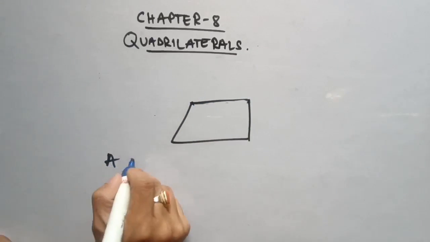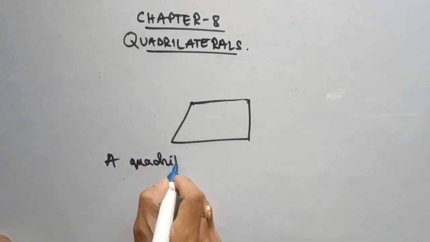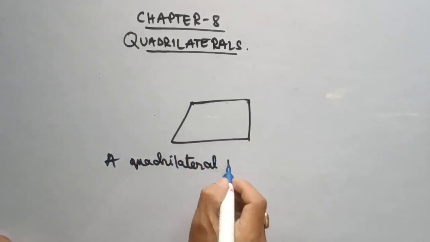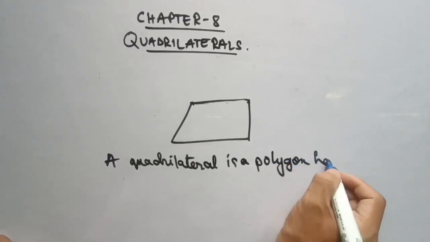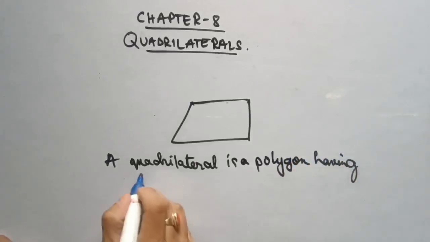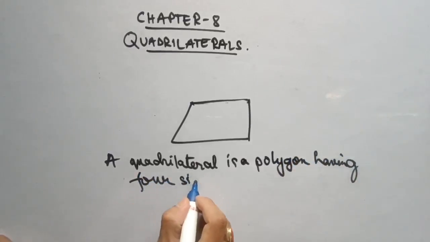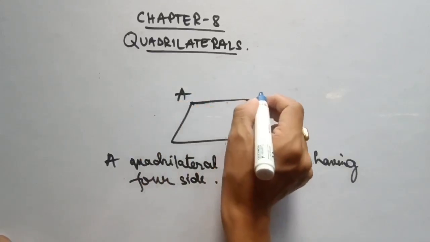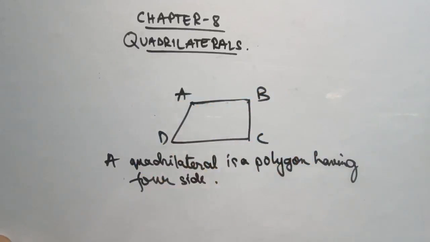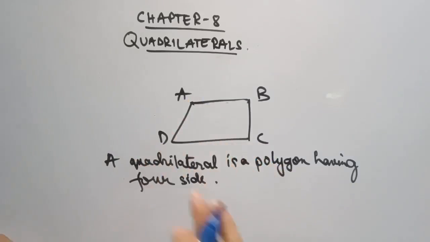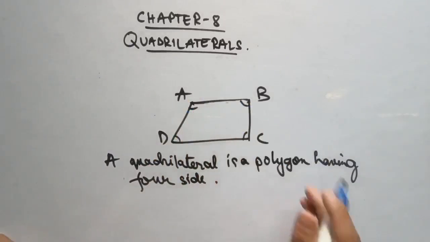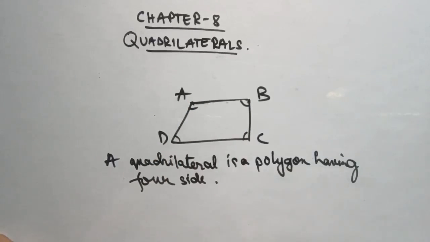Here ABCD is a quadrilateral with 4 sides, that is side AB, side BC, side CD, and side AD. It also has 4 angles and 4 vertices, A, B, C and D.